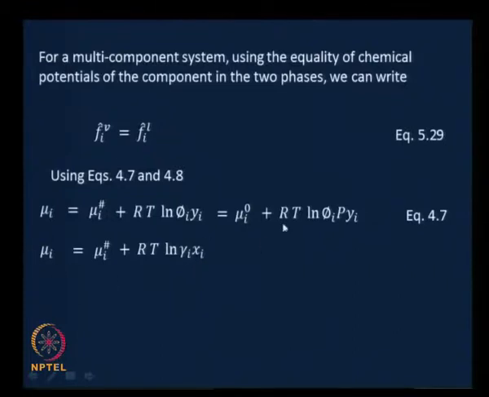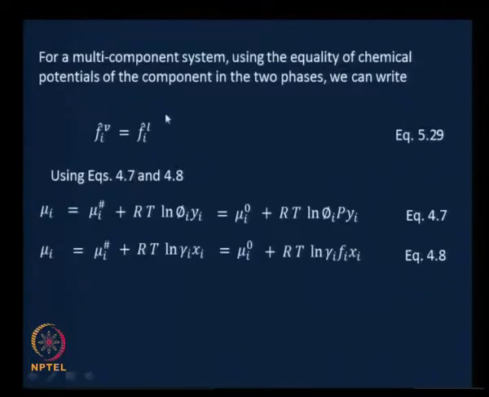This is for the liquid phase and this is for the vapor phase, and for the liquid phase this further equals mu I naught plus RT ln gamma I fi xi. This is equation 4.8.